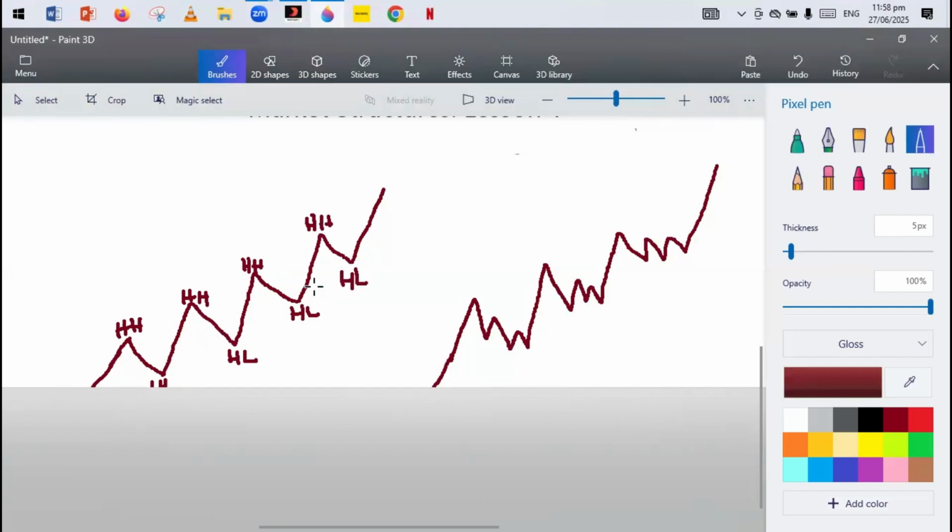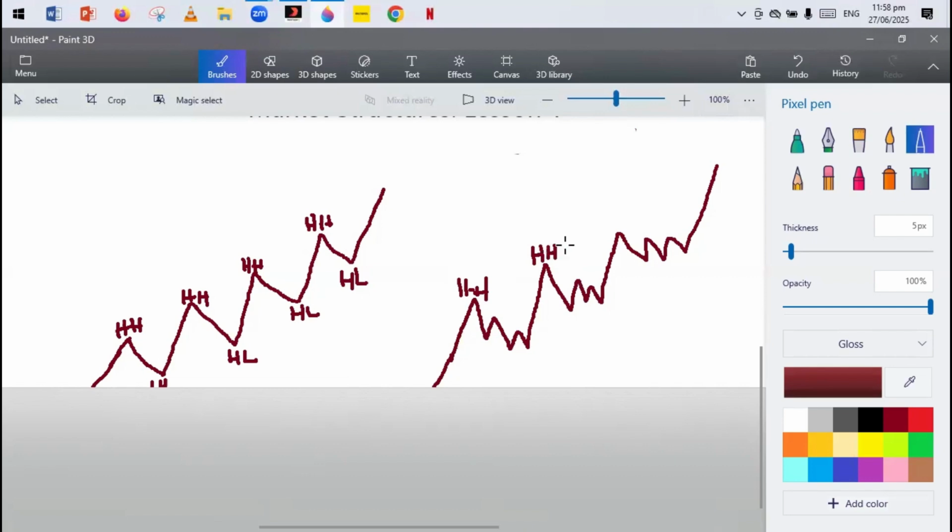So in the first scenario, sometimes the market moves really good, such that there are not a lot of manipulations, but most of the time the market is not as clear. So sometimes this is how it moves most of the time. So you mark your structures. That is your higher high, and then we have our higher low.